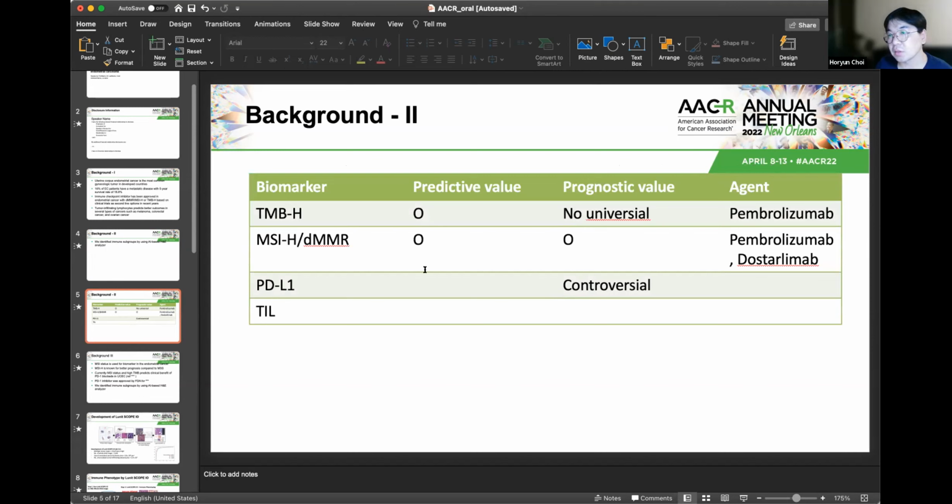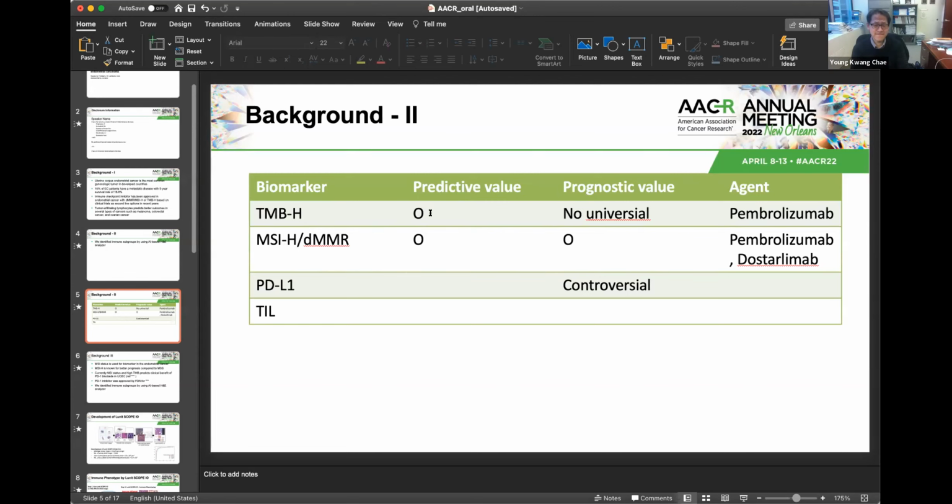So I tried to read a review article about the biomarker. On their predictive value and prognostic value, I think the FDA approved and the NCCN guideline include the TMB high group and MSI high and dMMR group as a companion diagnostic for immunotherapy.